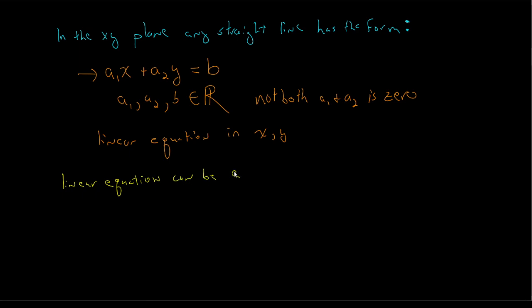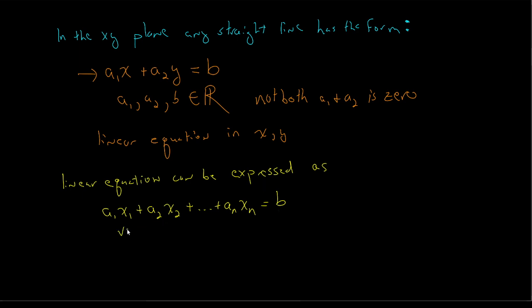can be expressed as A1 x1 plus A2 x2. And so we're going to number our variables because we can have multiple variables. In fact, we can go all the way up to n variables equal to some constant.